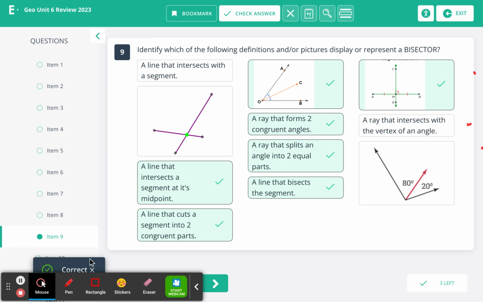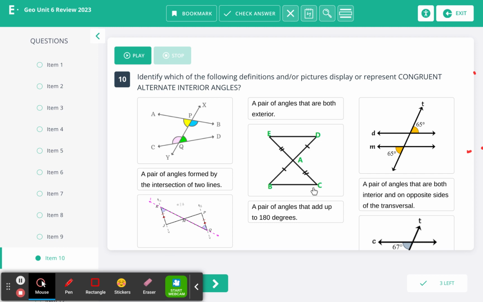Number 10. Identify which of the following definitions and or pictures display or represent congruent alternate interior angles. Congruent. Well, they're only going to be congruent if there are parallel lines. Okay. So there are alternate interior angles in this first one, but they're not parallel lines, therefore not congruent.